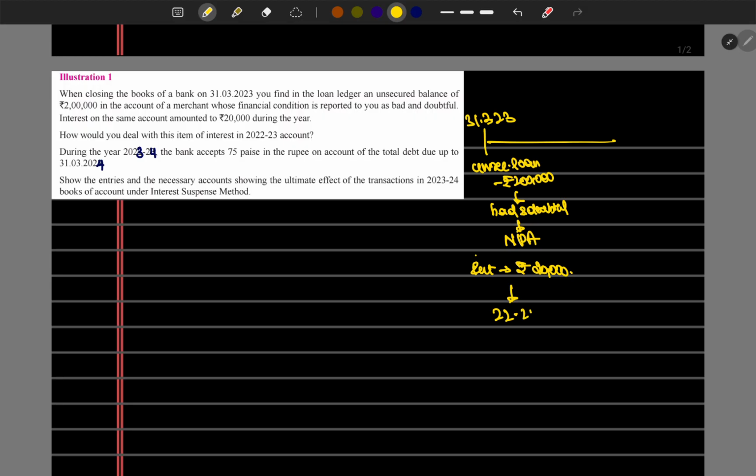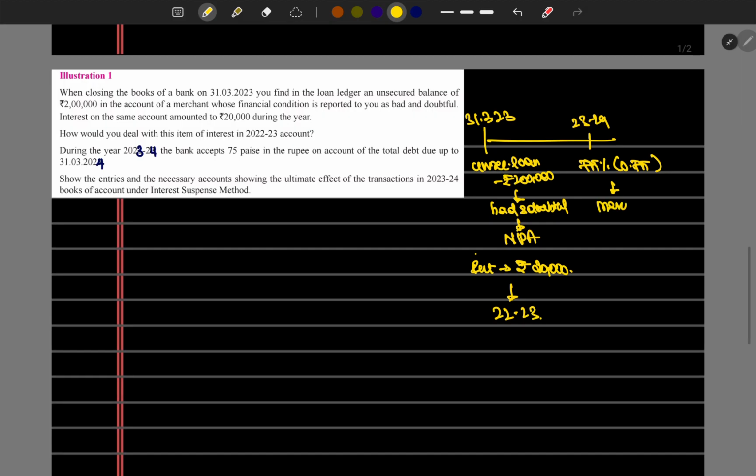Entries for 2022-23 have to be cleared during the year 2023-24. 75 percent, 0.75, has been paid by the merchant. How do we have to address it? So we are going to show the 2-year entries for the non-performing asset, right?